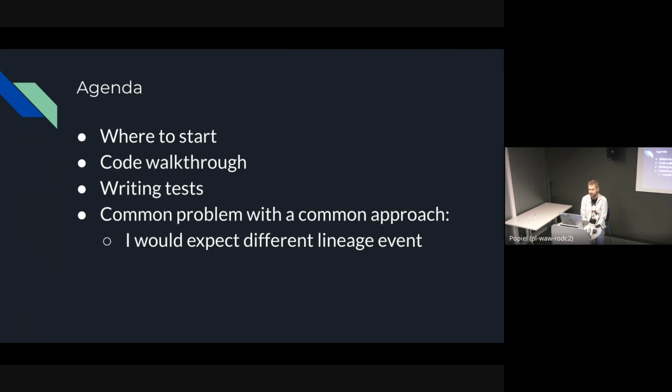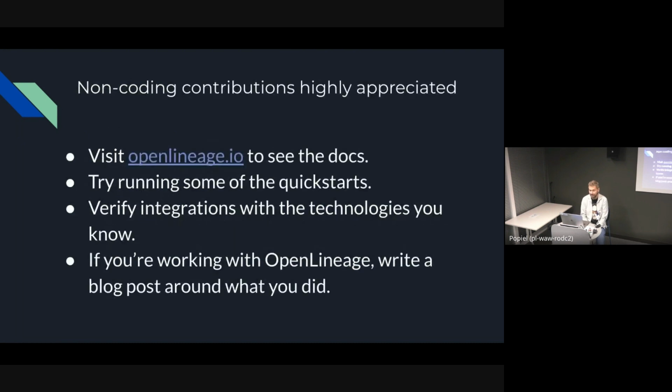And perhaps we could try to follow the path of a pretty common problem: I would expect a different lineage event. What shall I do? And actually, there are a lot of useful things you can do on your own. Yeah, and let's see this.